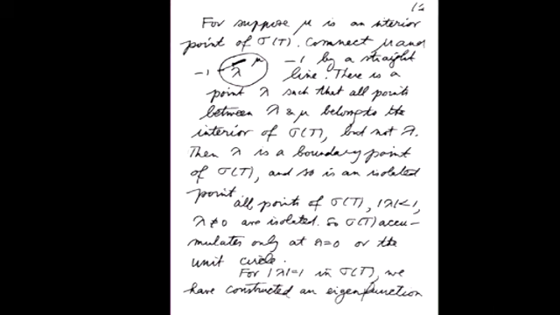Well, we shouldn't go through lambda equals 0, so we accept the break in this line. And then there is a point lambda such that all points between lambda and mu belong to the interior, but lambda does not.